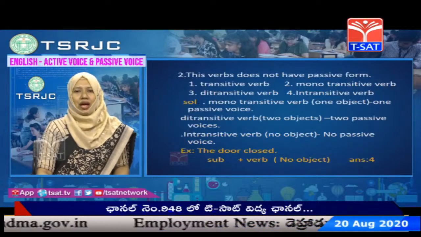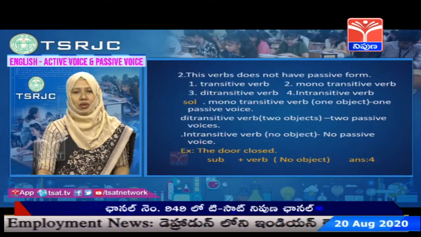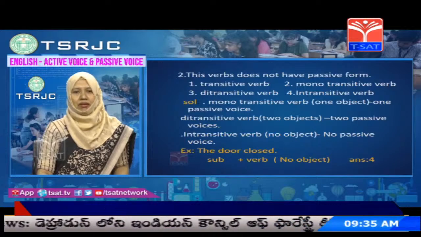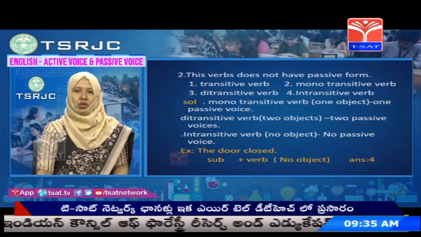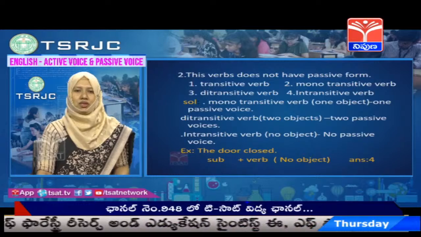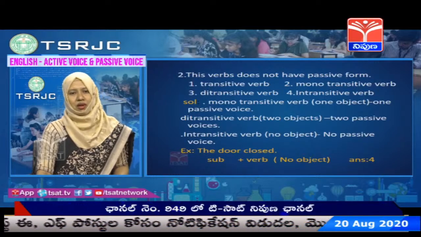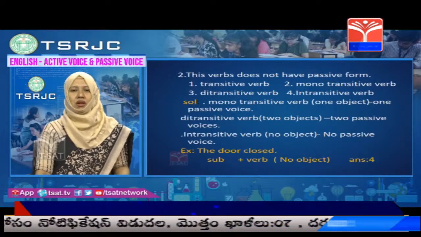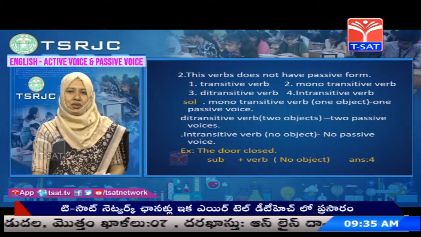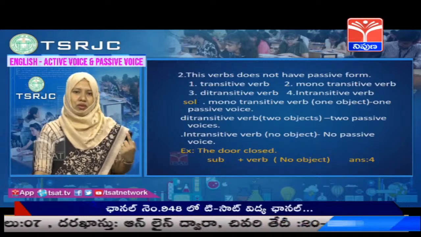This verb does not have passive form. Option A, transitive verb. Option 2, monotransitive verb. Option 3, ditransitive verb. Option 4, intransitive verb. Remember, mono means one.